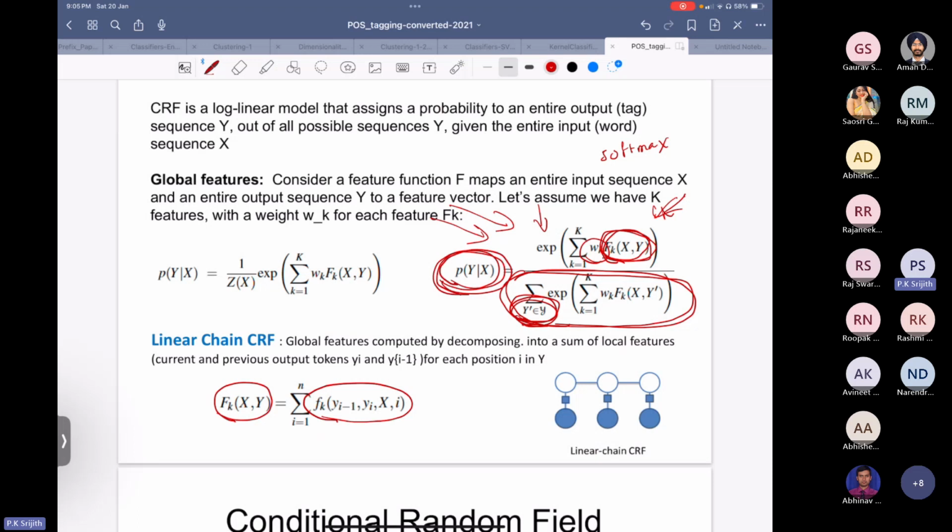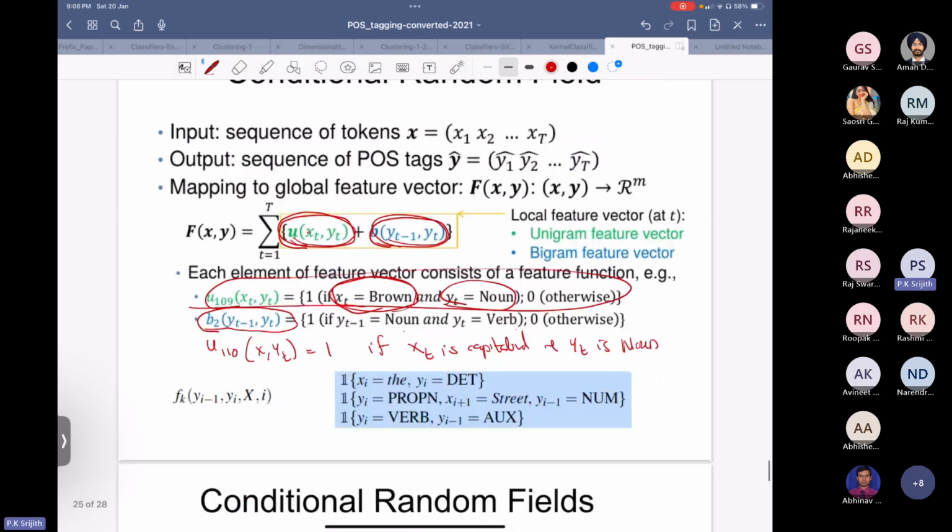But in any case, in computing the softmax and during the training time also, you will have to deal with this summation over all y. Now let's see how we can deal with that.